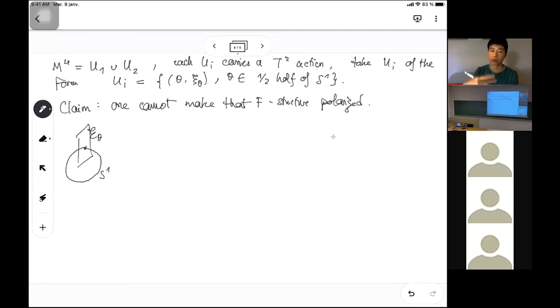So in particular, you cannot find an S1 action on M that preserves the fibers E theta, and that is free. Just because of this non-trivial holonomy, when you think hard about this, you realize, oh, maybe there's an issue.